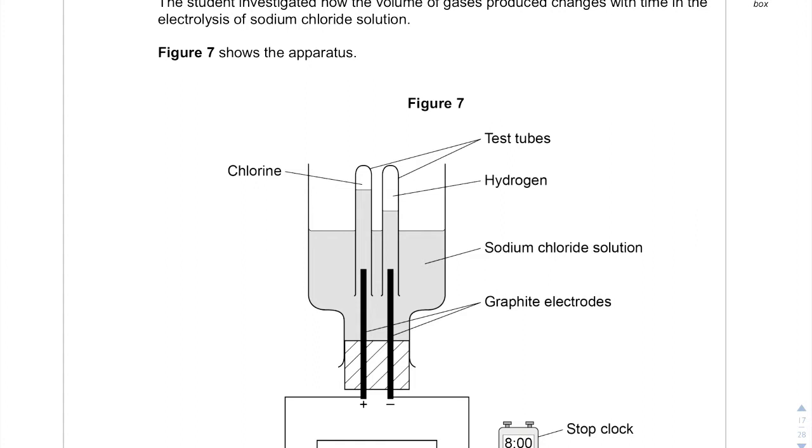Right, so the student investigated how the volume of gases produced changes with time in the electrolysis of sodium chloride solution. If you remember from your lessons, sodium chloride solution, which is salt water or brine, will make hydrogen and chlorine, and it's also quite kindly given to you right here.